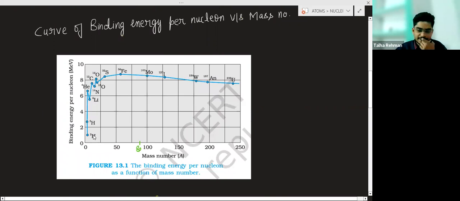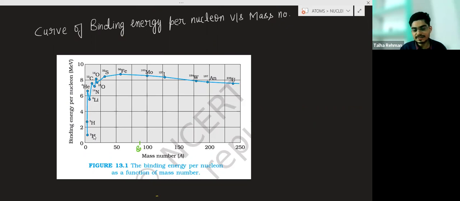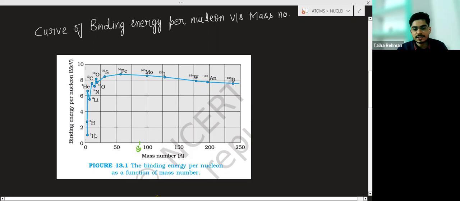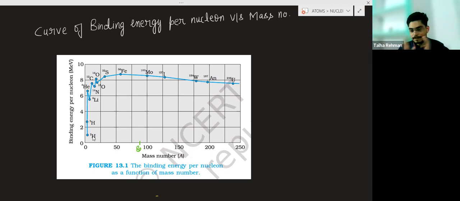If they have less binding energy per nucleon, they are less stable. And everything in this universe wants stability, so these also want stability. How will they get stability? They will do fusion reactions. They will combine so that they have higher binding energy per nucleon and become stable.